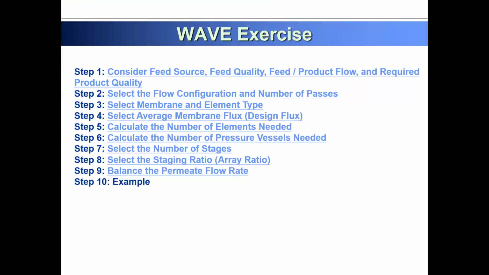Step 1, consider feed source, feed quality, feed product flow, and required product quality. So what kind of quality we have to produce, depending on your guideline. And step 2, select the flow configuration and number of passes.